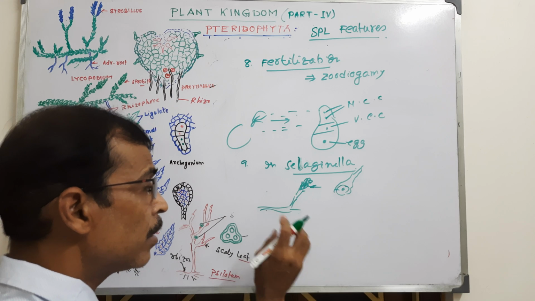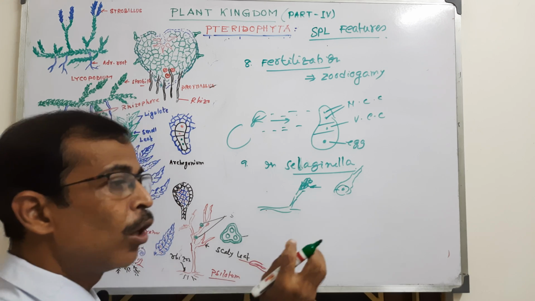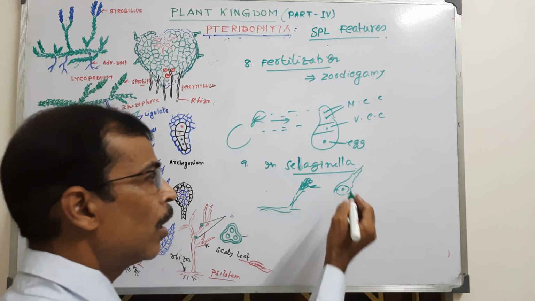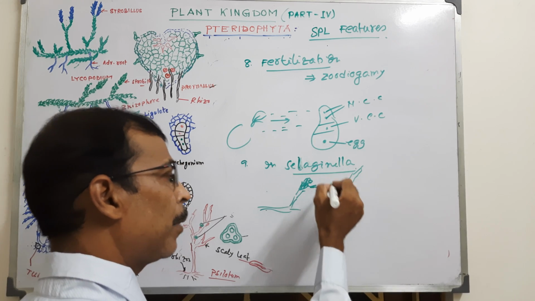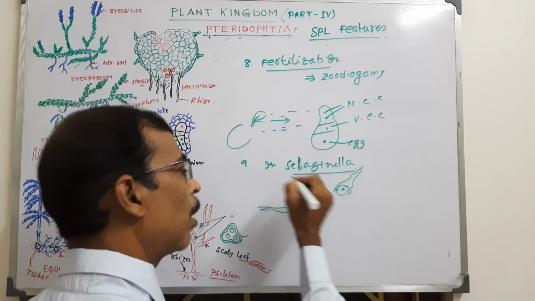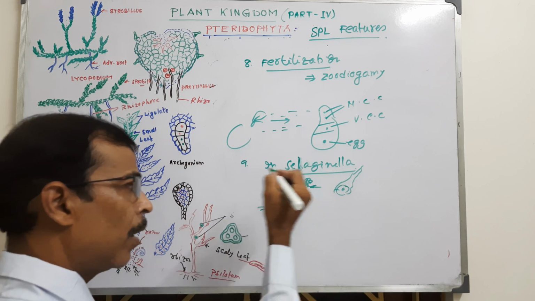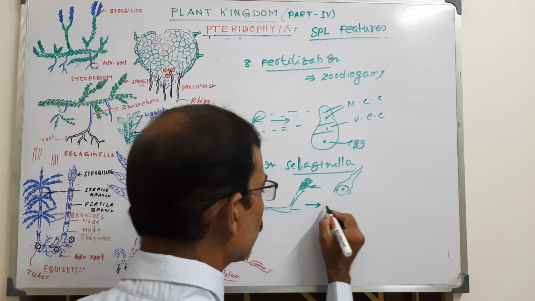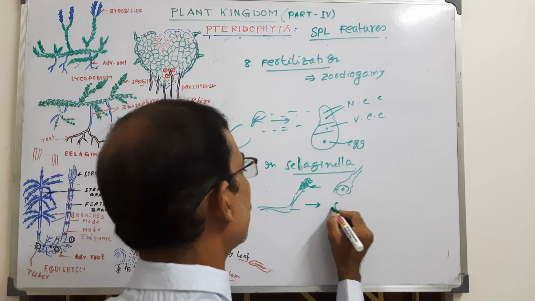That means this plant tries to form seed. The embryo develops within the archegonia, which is within the female gametophyte, which is attached to the male, which is attached to the sporophytic body. Okay, so this shows seed habit.